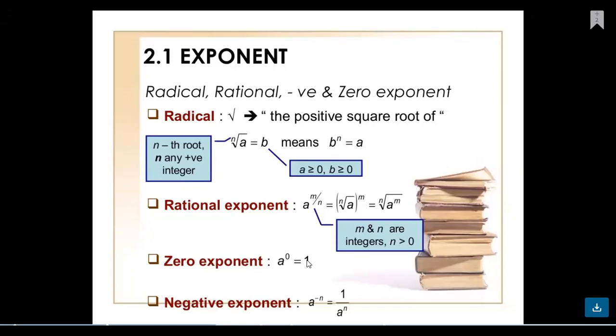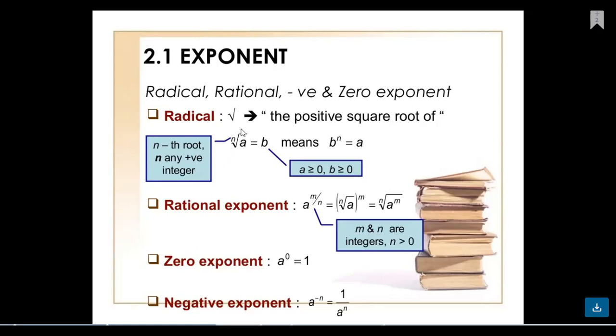Okay, so gets na natin. Alalahanin natin to kasi marami nakakalimot dito. So radical, the positive square root. May radical na tayo, may square root na tayo. So parang kabaliktaran siya ng positive na exponent.